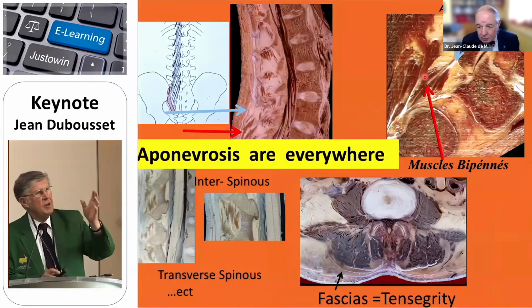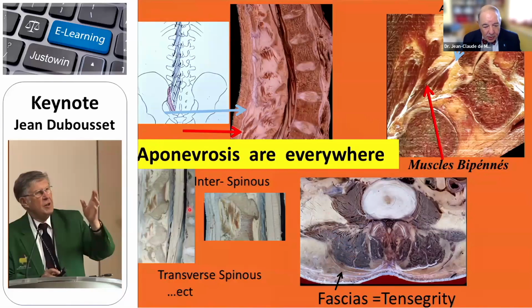And Jean Dubousset, we worked a lot with him with this concept of fascia and tensegrity, with the difference between ligaments and fascia. You remember fascia, you have viscoplasticity. At the end of physiotherapy, you don't have exactly the same positioning, especially in the sagittal plane.